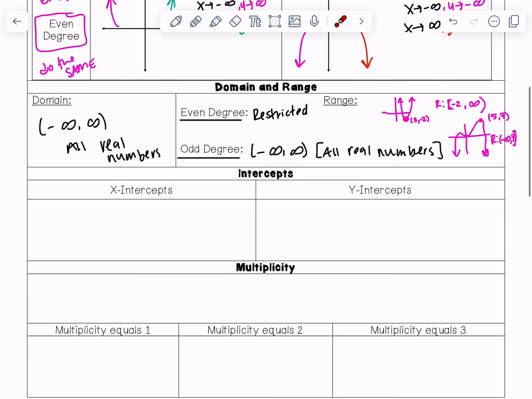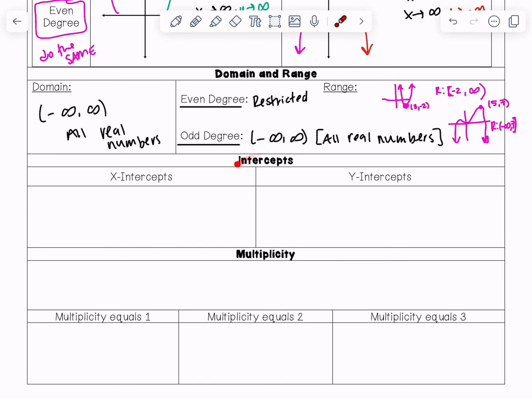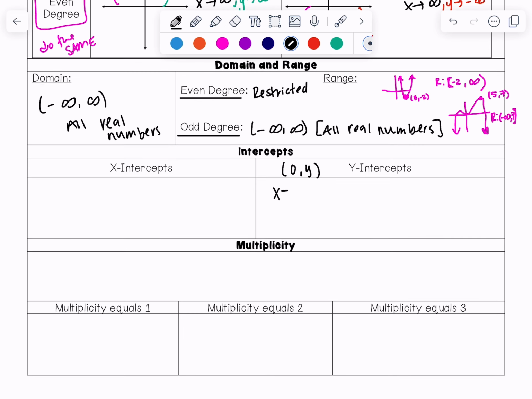The last little part that we need to know about a graph are their intercepts. And this multiplicity is going to go in here with our x-intercept. So let's do y-intercepts really quickly to get us started. Our y-intercept is always written as 0, y, and that is because it is where x equals 0. In standard form, this is just your constant.